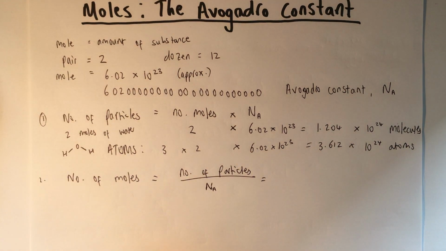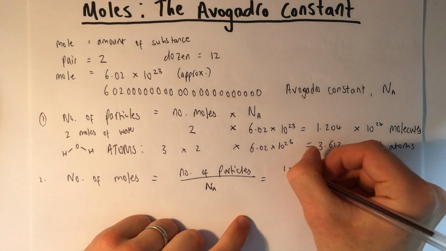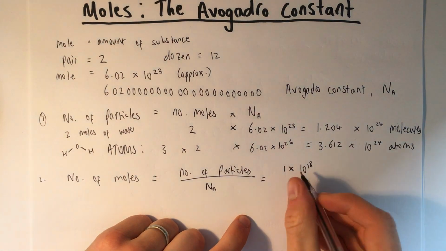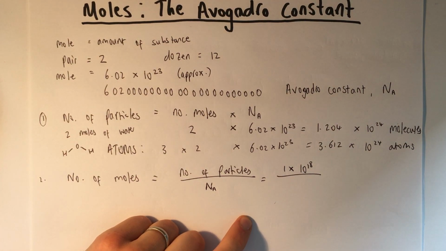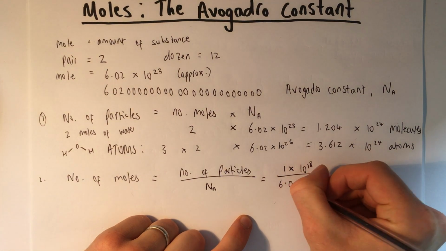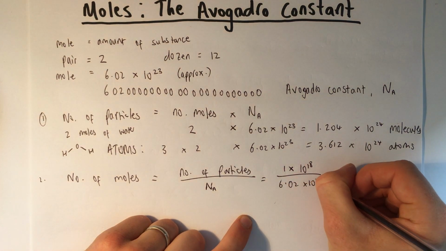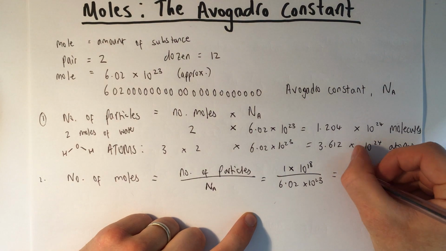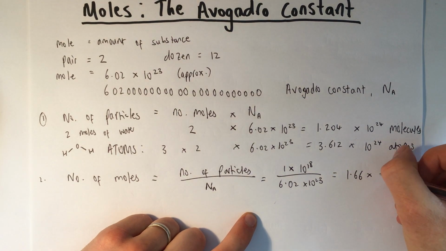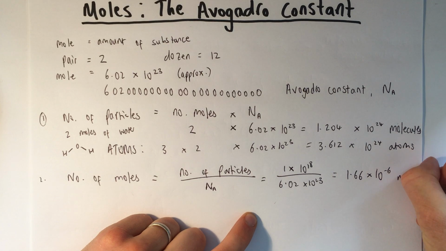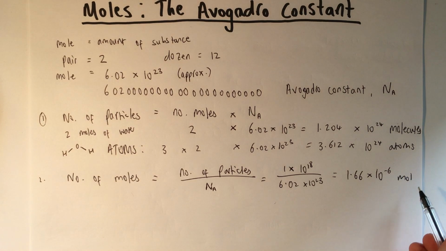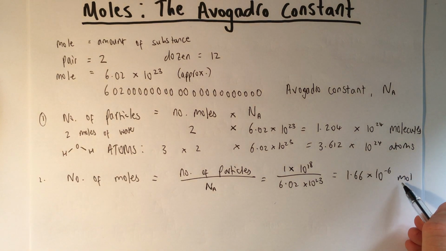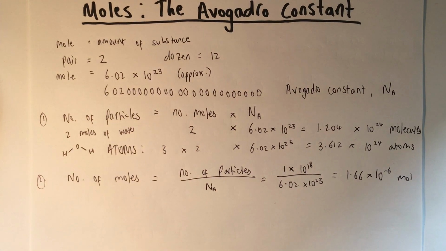So for example, if I was told that I've got 1 times 10 to the 18, so a billion particles of something, and I divided that by the Avogadro constant, I'd find that I've got 1.66 times 10 to the minus 6 moles, so a very small number of moles of it. And the units for moles, instead of writing the word moles, we shorten it to mol, M-O-L, like that. Okay, so that's the second thing we could work out.